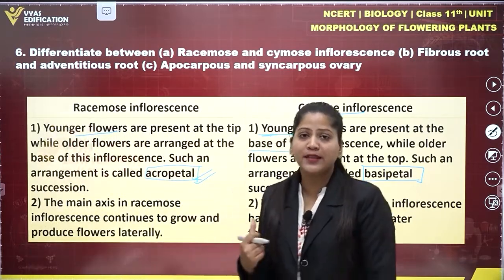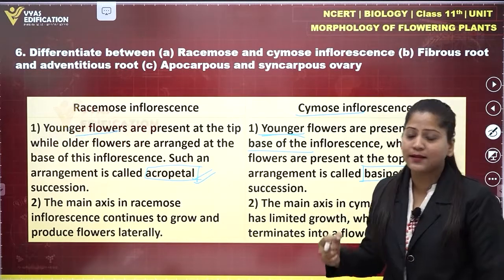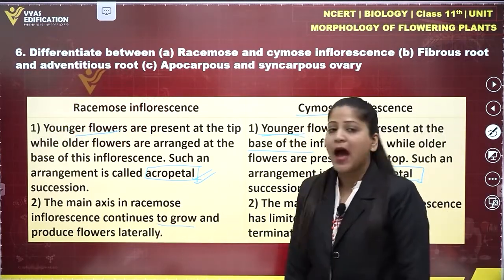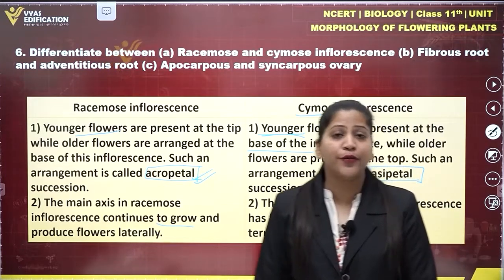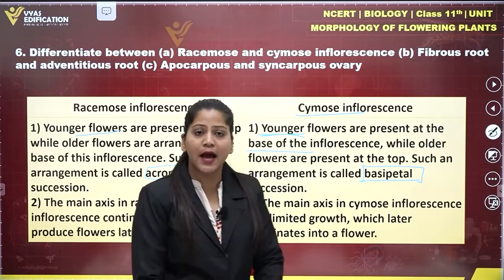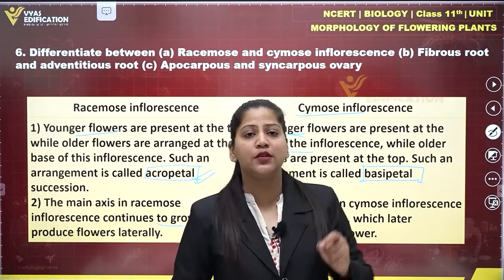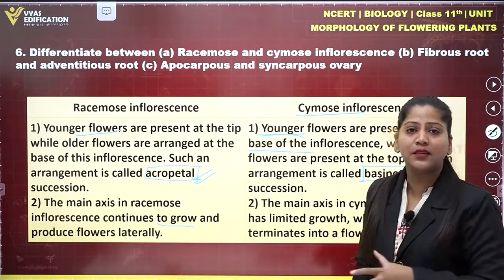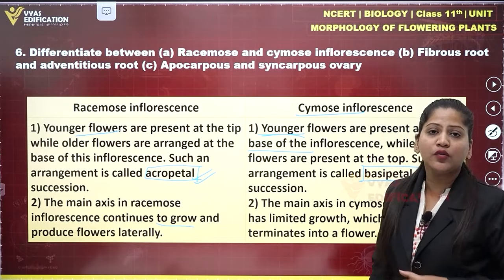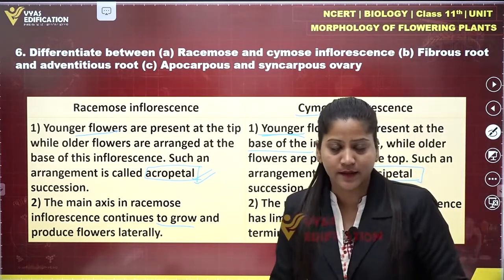In racemose inflorescence, the main axis continues to grow and produces flowers laterally, whereas the main axis in cymose inflorescence has limited growth and terminates into a flower. So these are the basic differences between racemose and cymose inflorescence.